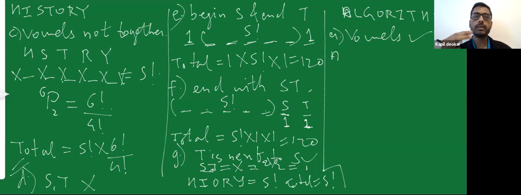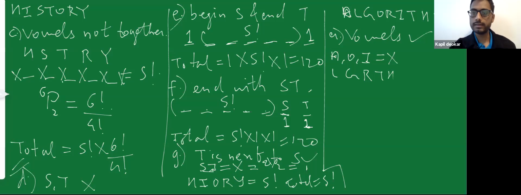We consider all the vowels together and bind them into one particular unit, or consider them as one unit. So which are the vowels? A, O, and I. These 3 vowels are there. I'm going to bind them together, consider them as unit X. Then write remaining letters L, G, R, T, H, and M.